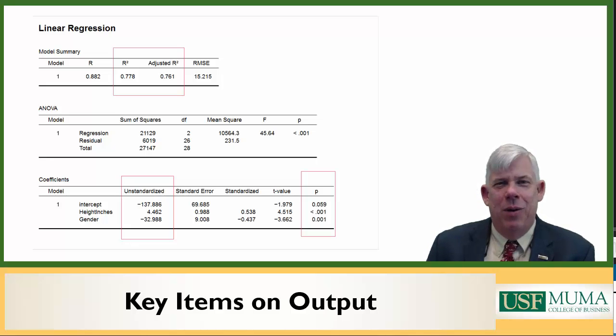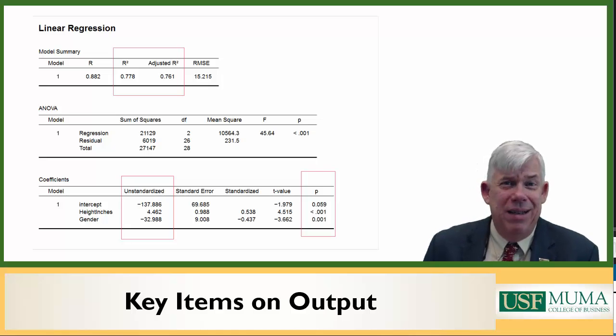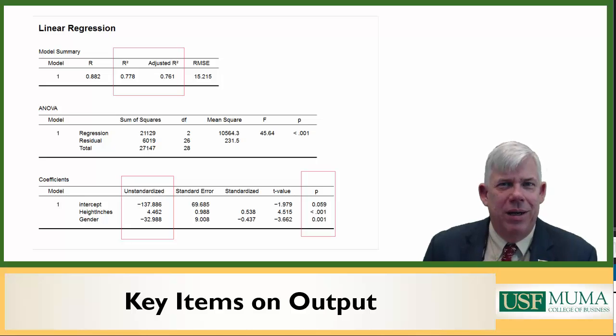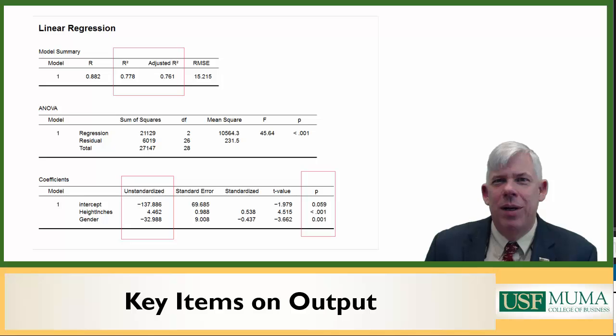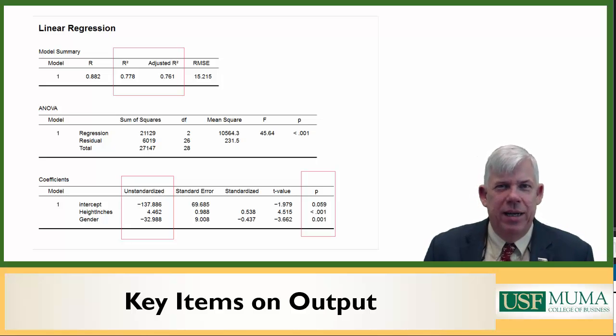If you have a high p-value, a p-value of 0.5 or something like that, it's telling you your estimate is really no better than random. There's a 50-50 chance that the coefficient might actually be 0 instead of what you think it is. That's not a completely accurate description, but you get the general idea.